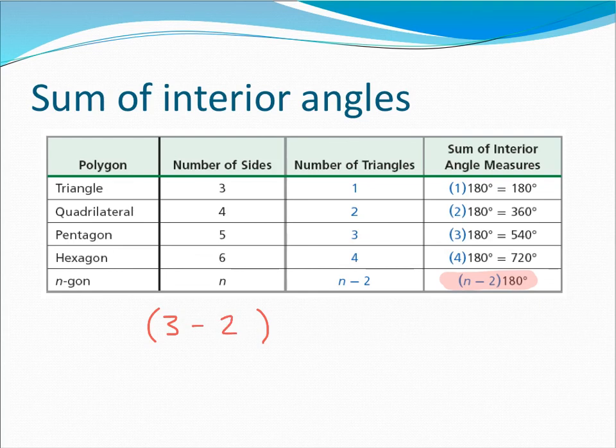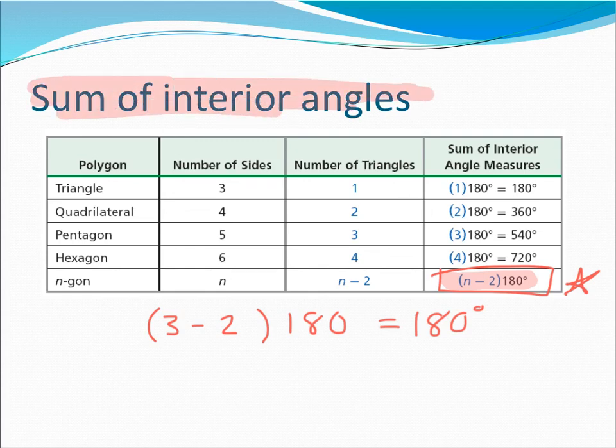So 3 minus 2 times 180 would give us what? 180. So this right here is the formula to find the sum of the interior angles. These are all of the interior angles added up together.